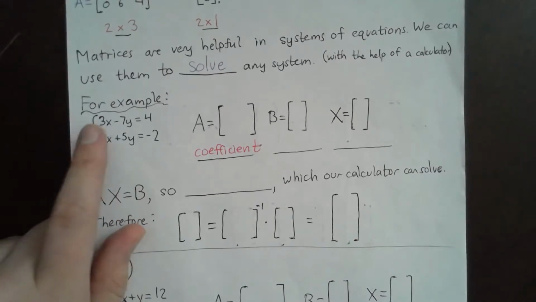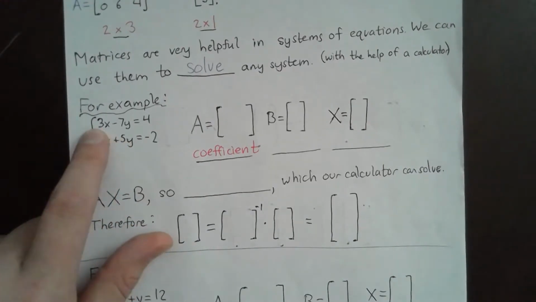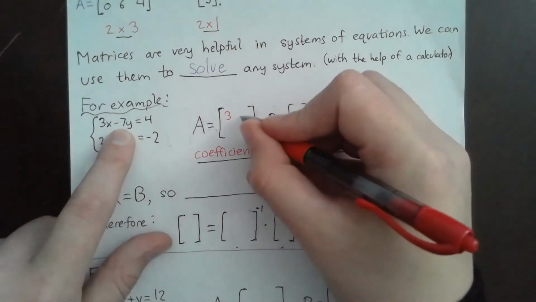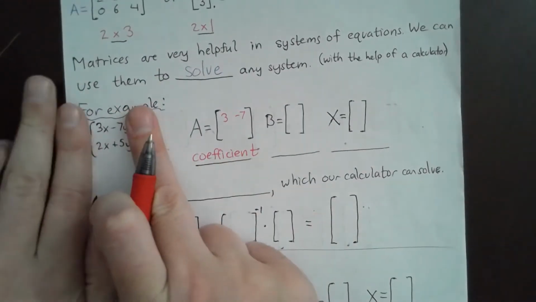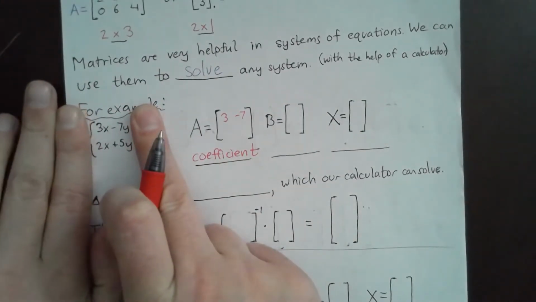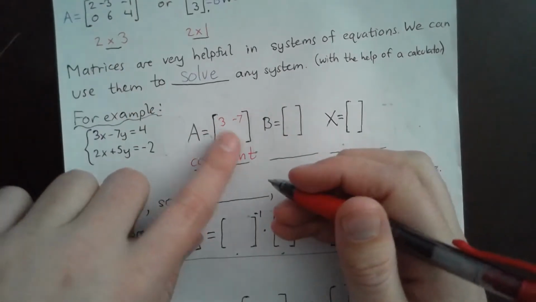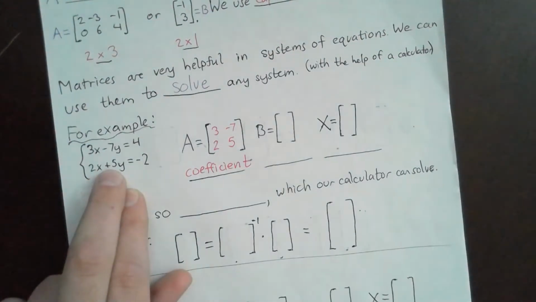Remember, the coefficient is what we multiply our variable by. In this case our coefficients are 3, negative 7, and we're just writing them exactly where they are. We can really cover up the rest of this and just put those numbers in: 3, negative 7, 2, 5.